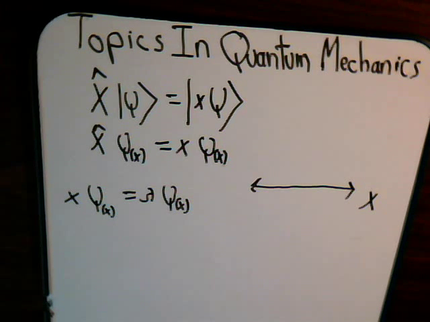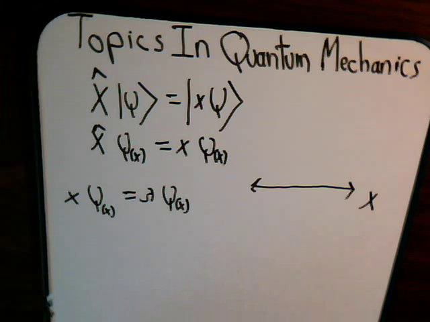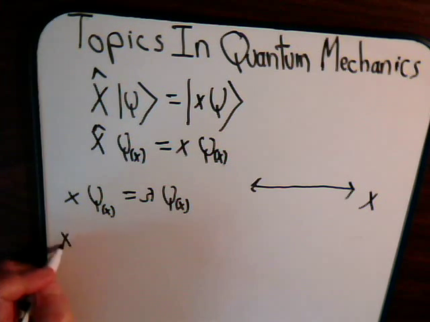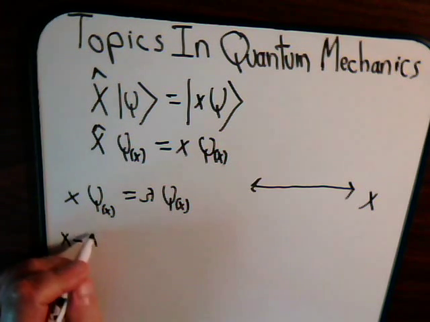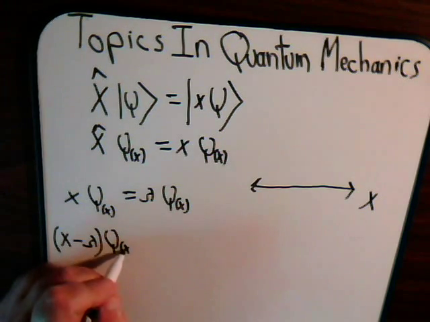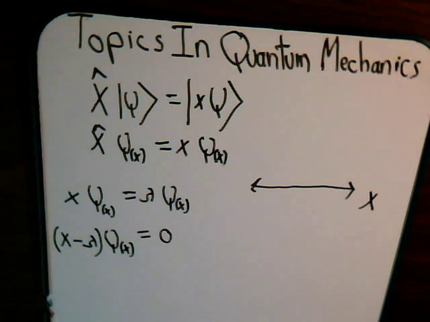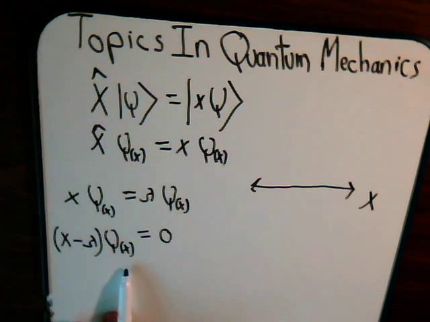Now, to see exactly what this means, because it is strange, let's move this over to this side of the equation. So we have x minus lambda, times psi of x, equals 0. Well, that would mean that psi has to be 0 everywhere except where x equals lambda.